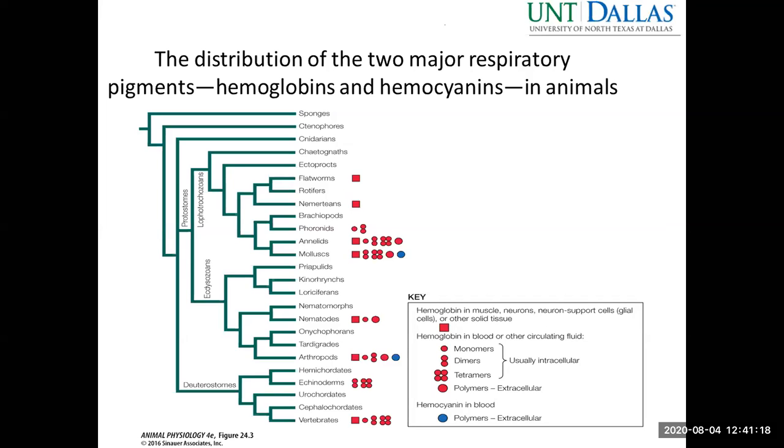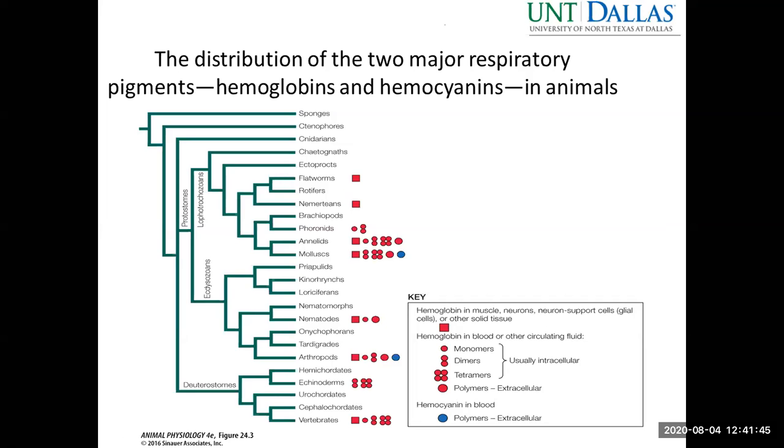So here comes the distribution of the two major respiratory pigments, the hemoglobins and hemocyanins. A red square here indicates that hemoglobin occurs. You can see the red squares here. These indicate that hemoglobins occur in solid tissues such as muscle or nerve tissues.